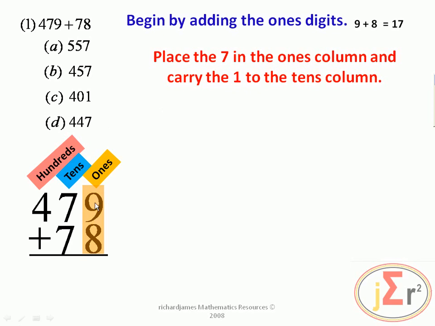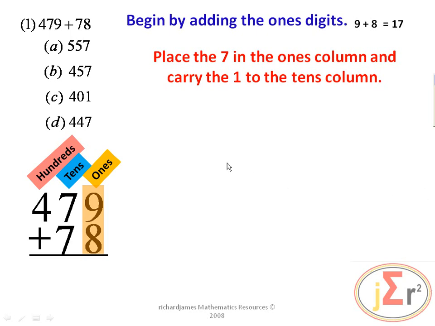Therefore, if you are in the ones column, the digit to the left will have a place value 10 times the ones digit. And if you are in the tens column, then the digit to your left, which is the hundreds digit, will be 10 times your present place value.